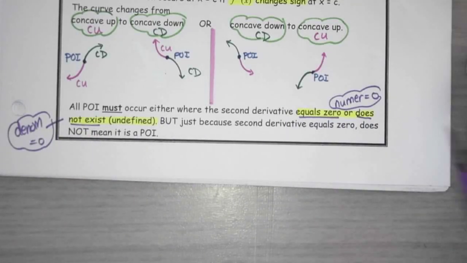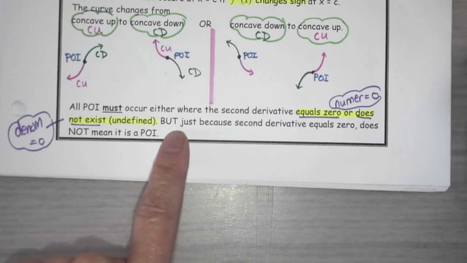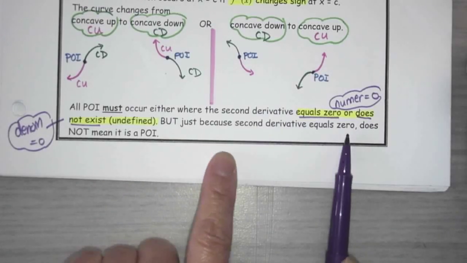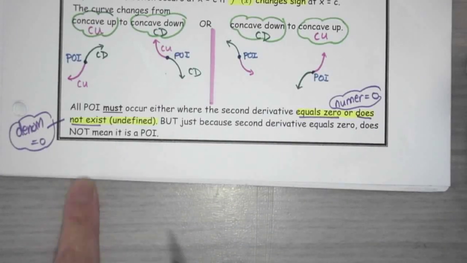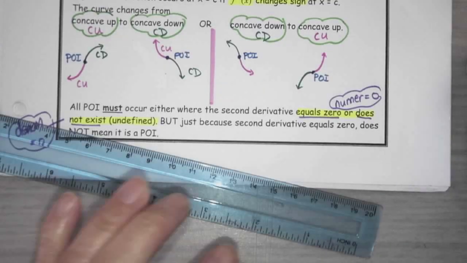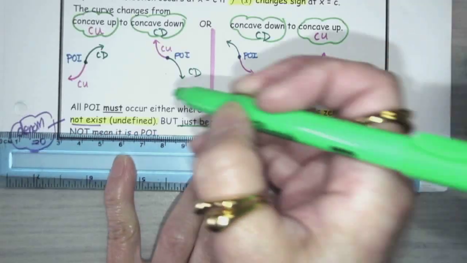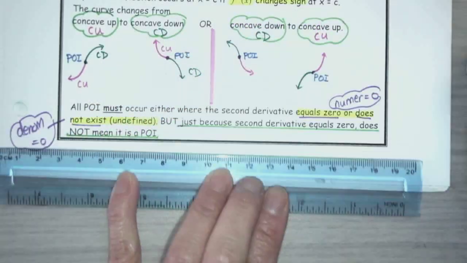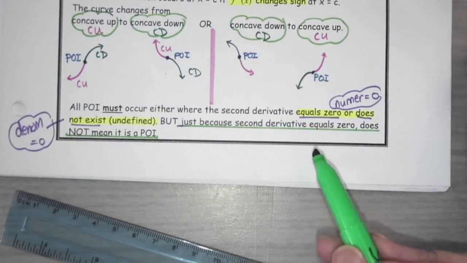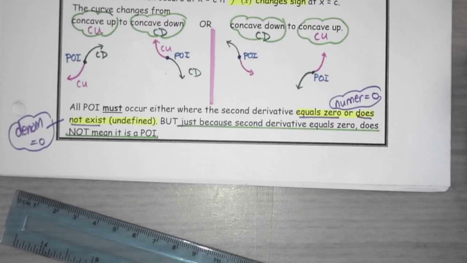So you either get it from the numerator or the denominator, the equals 0 thing again. But, there's a but here. Just because the second derivative equals 0 does not mean it's a point of inflection. I'm going to underline that. Just because we get a 0 on the second derivative does not mean it's a point of inflection.